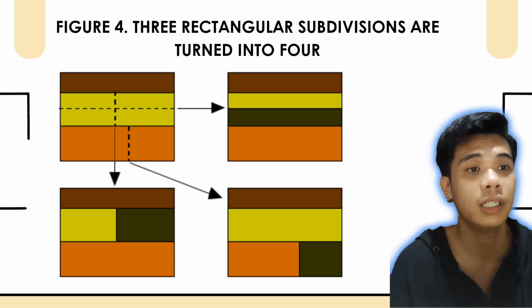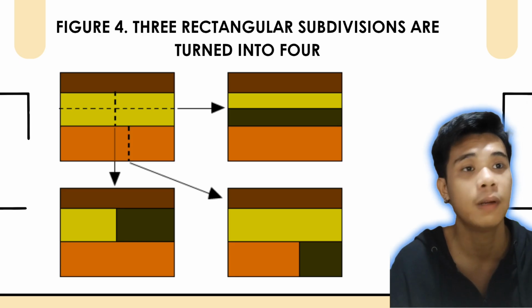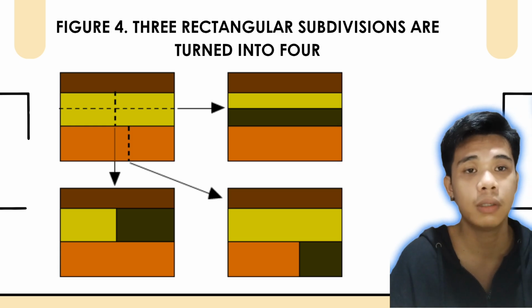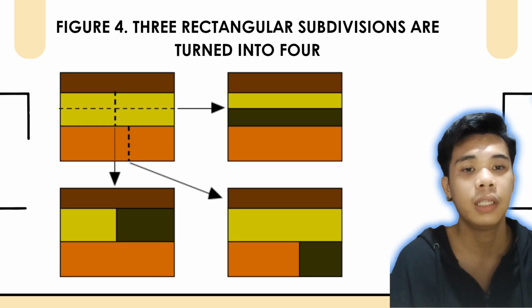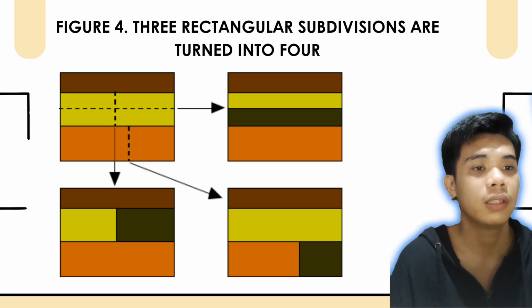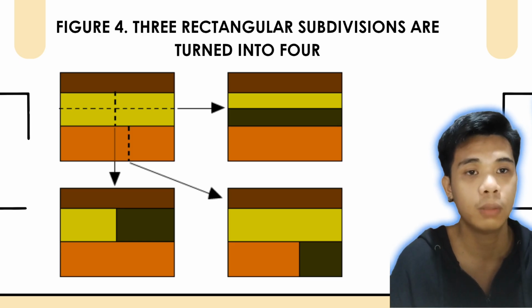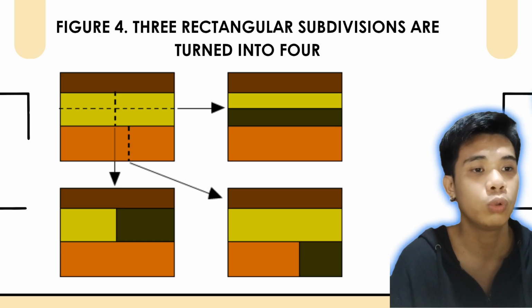The first one is we divide the middle rectangle into two smaller rectangles, making it four subdivisions. The second one, we also divided the yellow part here, making four subdivisions. And the third one, we divided the bottom rectangle into two smaller rectangles, making it also four subdivisions.